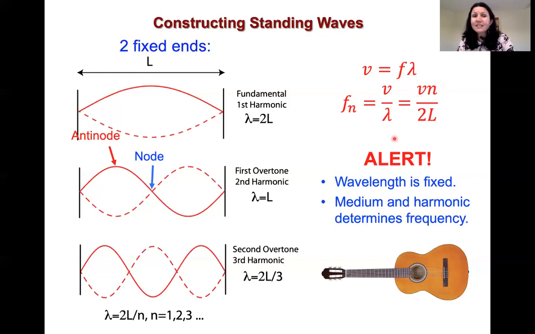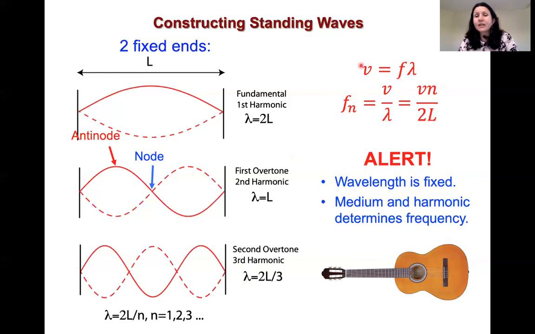And another thing that's very different about standing waves: so far, all along, what have we been saying? We have been saying that frequency is something that's source dependent, and wavelength depends on both source and medium, because that's a connection.